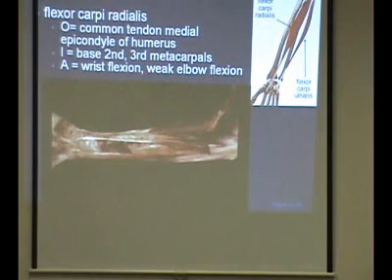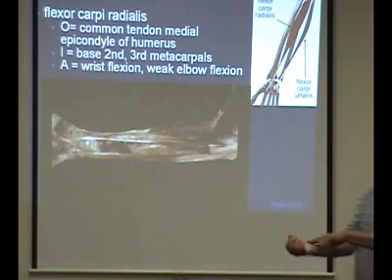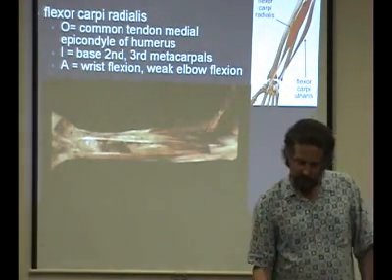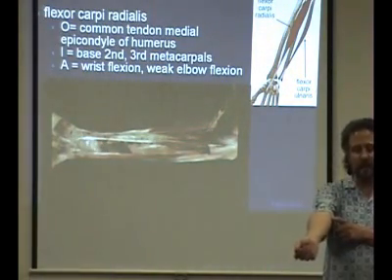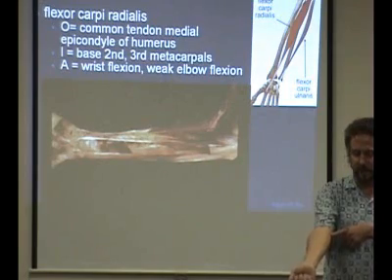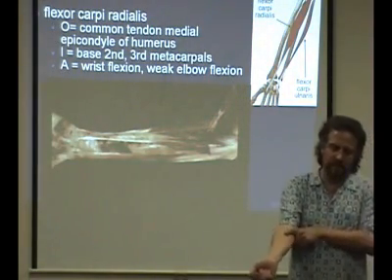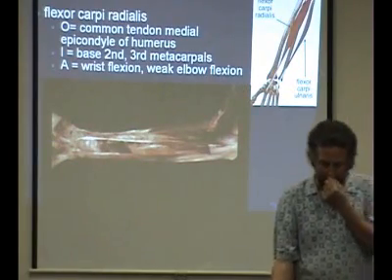It's going to go across the carpal bones, but now is it going to be more towards this side, or is it going to be more towards this side? Radial side, so that's why it's called radialis. Right? So flexor carpi radialis. And then that's going to, again, like a lot of these, come from the common flexor tendon of the medial epicondyle of the humerus.